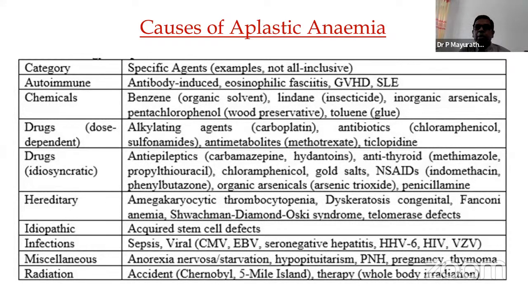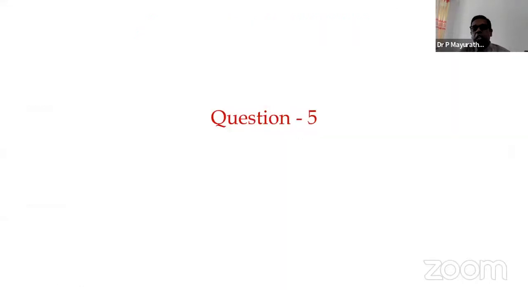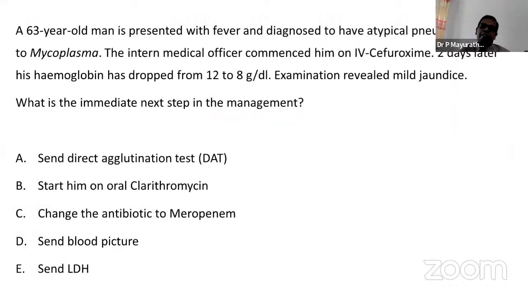No hepatomegaly, no splenomegaly, but the patient will have all three cell line involvement, which is the characteristic feature of aplastic anemia. If you see any organomegaly in a pancytopenia patient, remember aplastic anemia is a very, very unlikely possibility. So that is a clinical point you may have to remember.